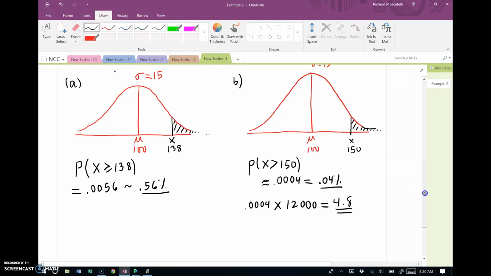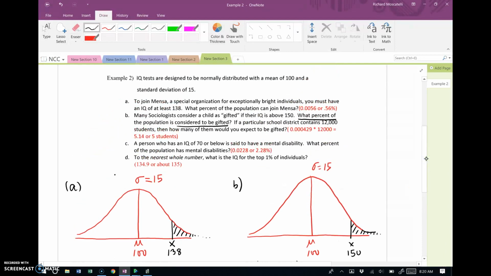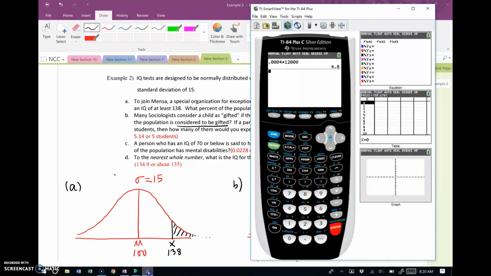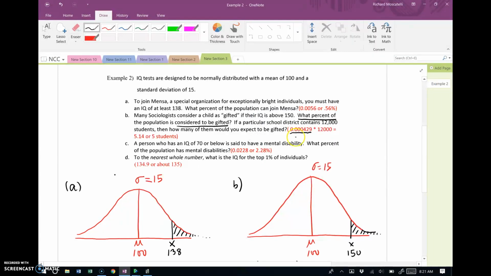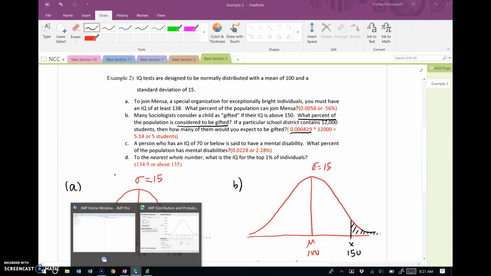Now, if you look at my calculation over here, you can see that my calculation was a little more accurate. The reason for that is I used the TI graphing calculator to calculate those answers, and the TI graphing calculator gives its answers to 10 decimal places. I believe I rounded to about 6 decimal places when I used the calculator, so my answer, 0.000429, was a little bit more accurate than the result in JMP.